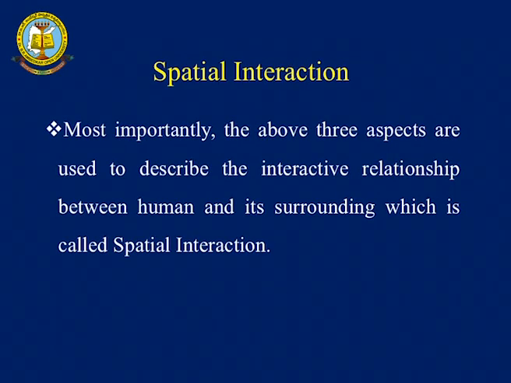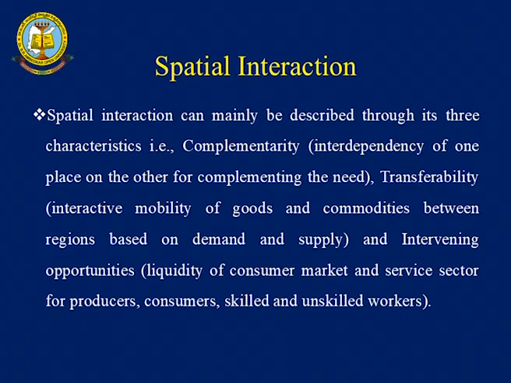What do you mean by spatial interactions? The spatial interaction is nothing but the relationship between humans and the surroundings. Spatially you are interacting with things with the help of three things: complementarity, transferability and intervening opportunity. What do you mean by complementarity? In the universe every human being is interdependent and interrelated with each other.